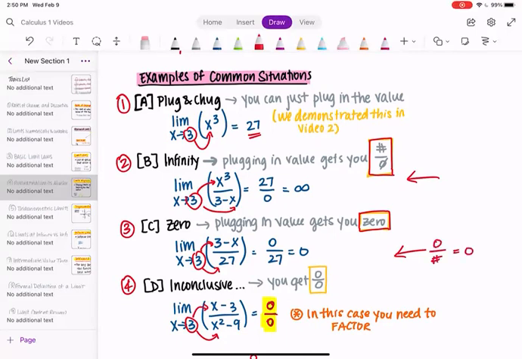But according to the second rule, I have some number over 0, a 0 in the denominator, which should be infinity. But also, from an algebraic perspective, I have a number over itself, which should be 1.